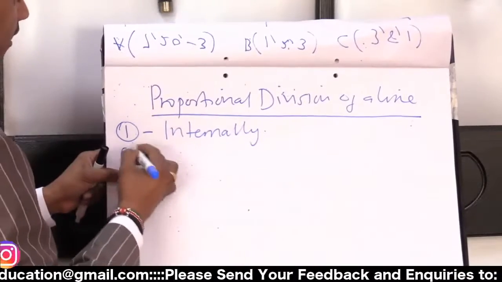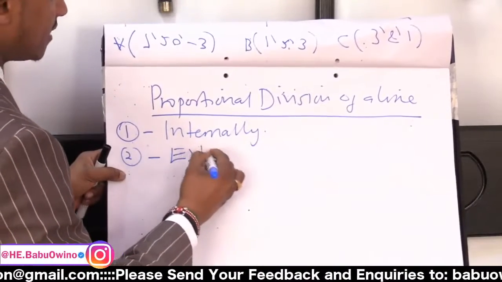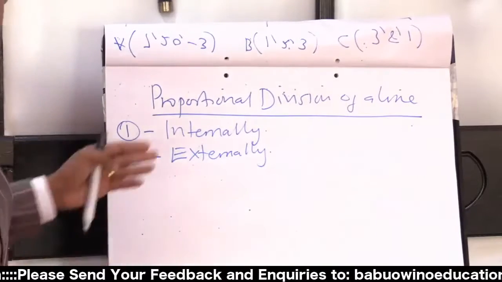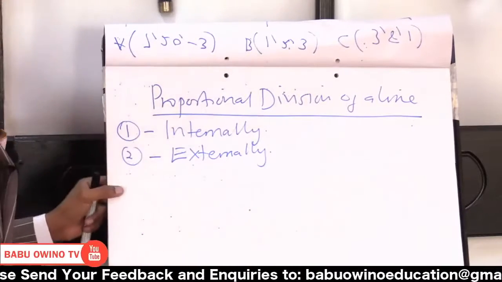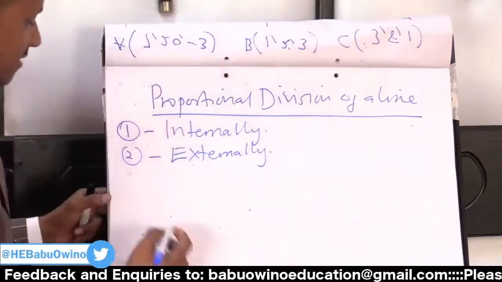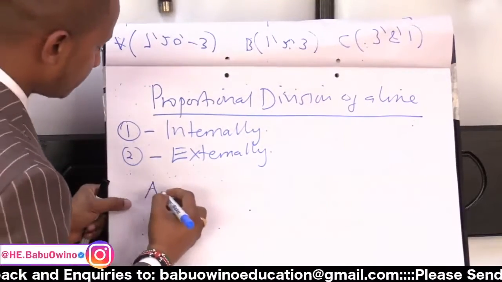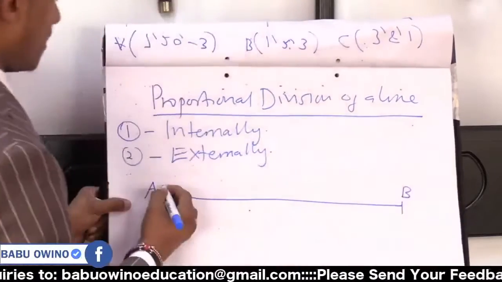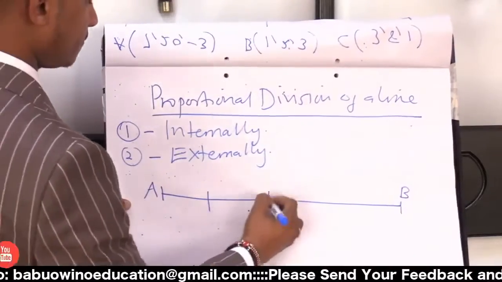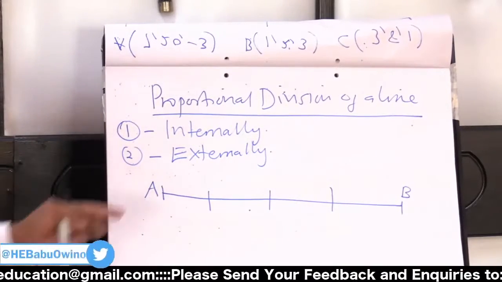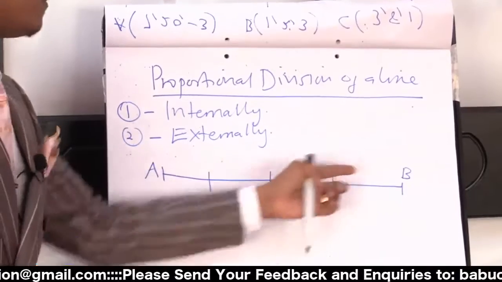And two, a line can be divided externally. So let's start with the first one, internal division of a line. In internal division, let's say we have a line AB, and we divide it into 4 units. 1, 2, 3, 4, four portions.